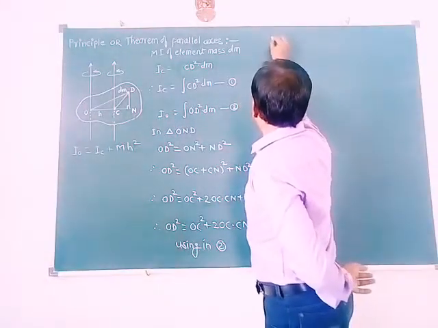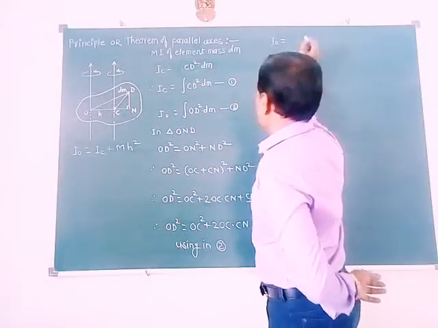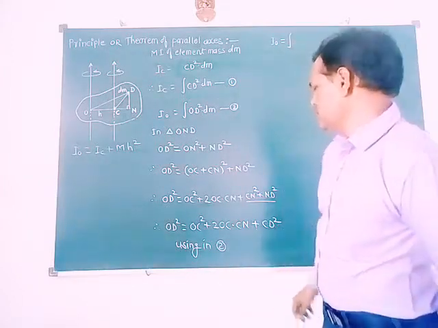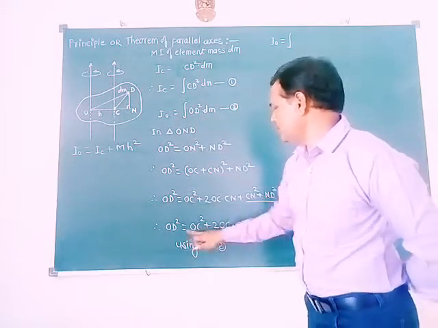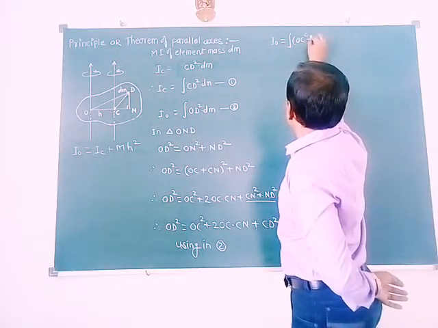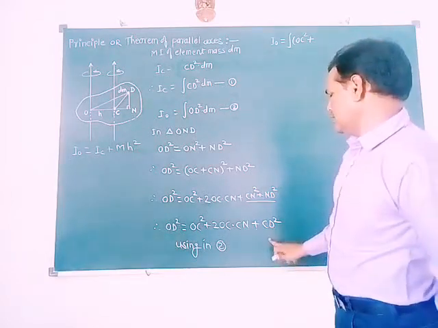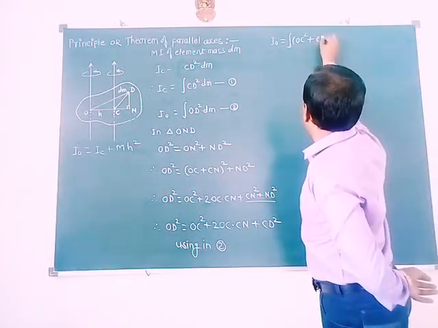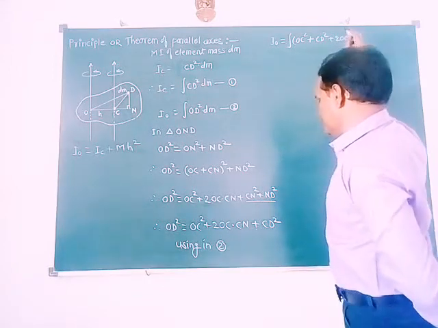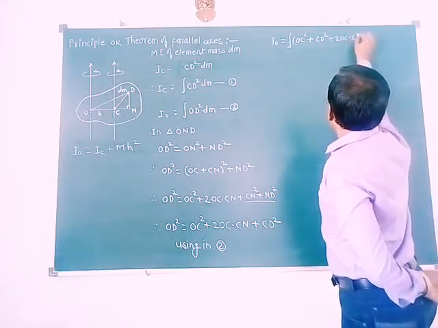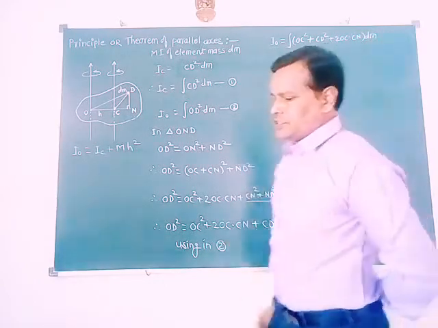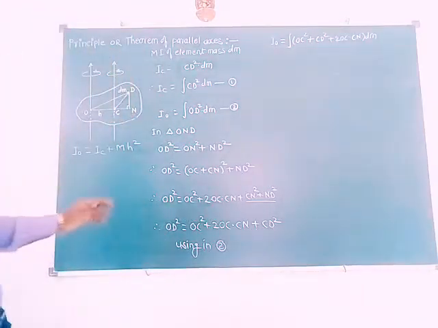So IO equals the integration of, instead of OD square, the total term, OC square plus CD square plus 2 OC into CN, multiplied by dm.